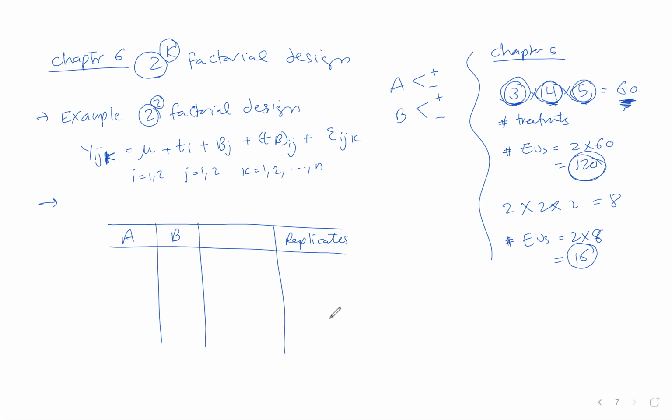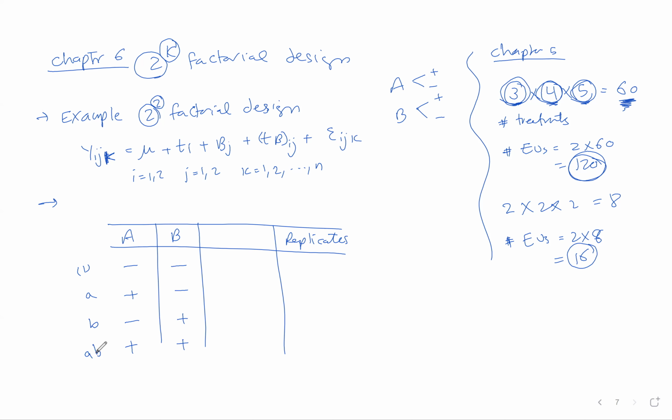What are these treatments? The treatments are the combinations. Like A is low, B is low: this is a treatment, we call it 1. A is high, B is low: this is treatment A. Maybe A is low, B is high: so this one is treatment B. Maybe A is high, B is high: this is treatment AB.